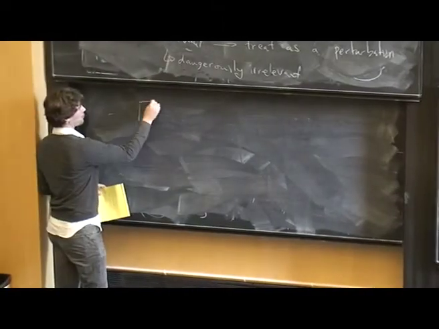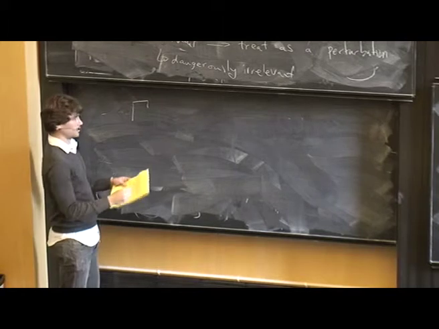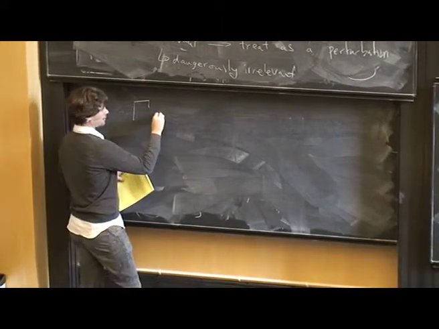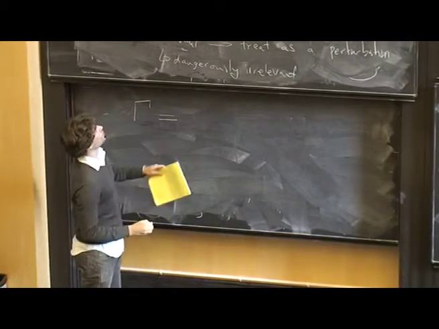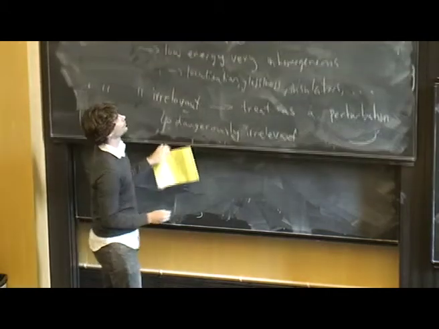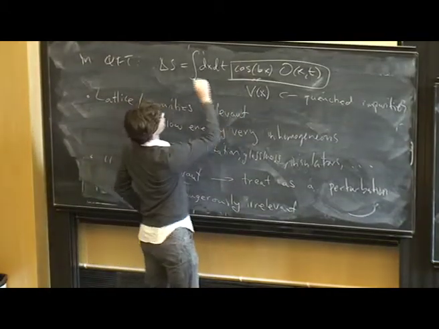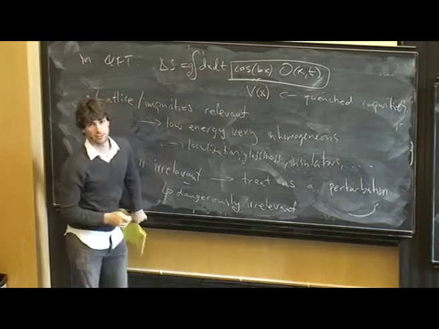So it turns out there's a general formula that's the following: the momentum relaxation rate is, let me put a G here, that's just the strength of this coupling.